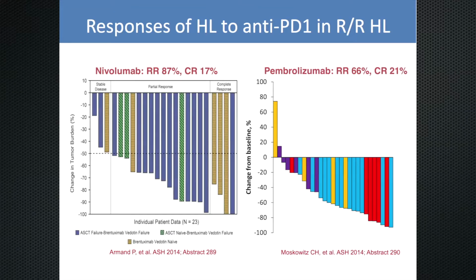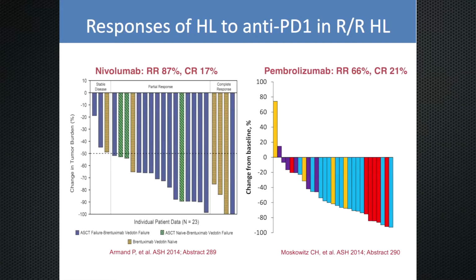Now, again, the first very impressive data were produced by two of these checkpoint inhibitors, nivolumab, and another one, pembrolizumab, which are produced by two different companies, in Hodgkin lymphomas who were both resistant to autologous bone marrow transplantation and even relapsing after Brentuximab vedotin.